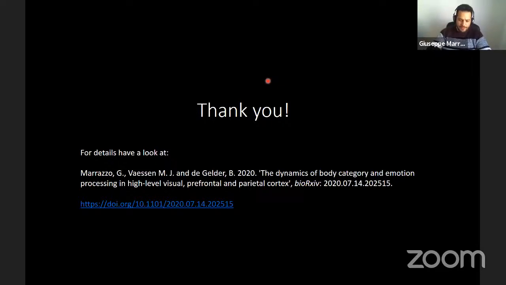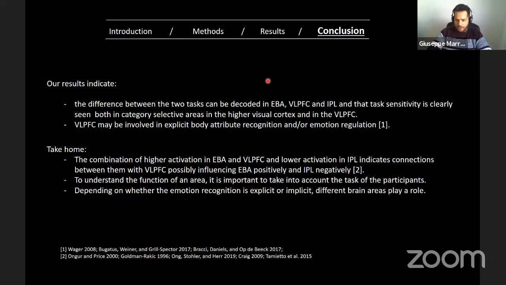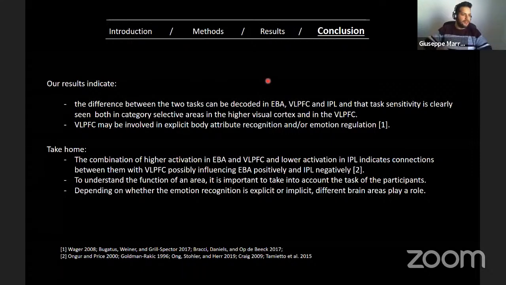For bodies, it has been shown by Wagner, Bugatus and Bracci that there is task sensitivity in frontoparietal areas. The most interesting thing is that this task effect is usually confined to frontoparietal areas. So there is no evidence of a task effect in the literature in high-level visual cortex, or more specifically in ventrotemporal cortex.